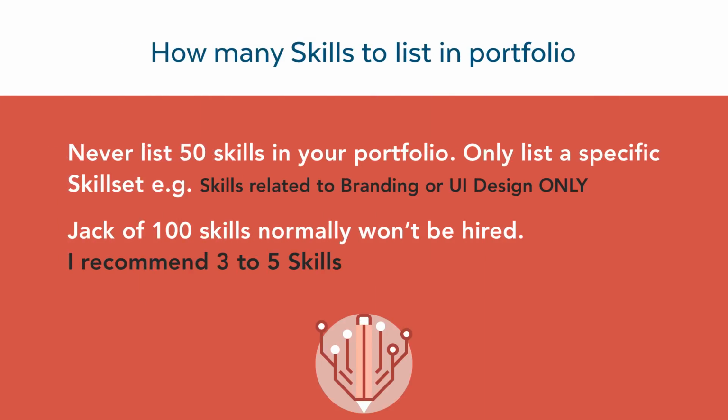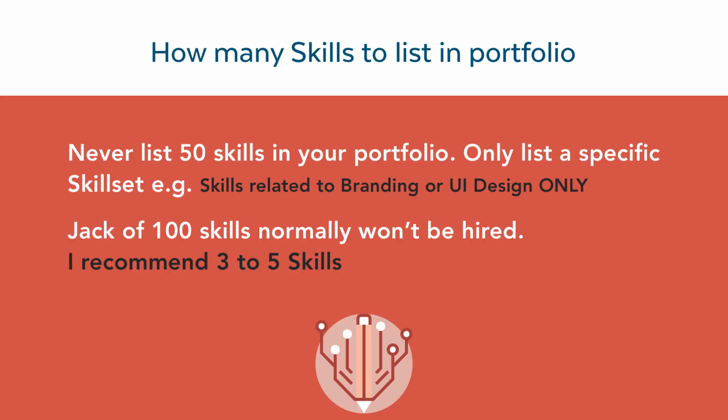Now, one of the biggest mistakes I see on freelancing websites is that a lot of newbie freelancers try to list every skill they have. I am an expert at MS Office and I am an expert at communication. Okay, man, these are really funny things.